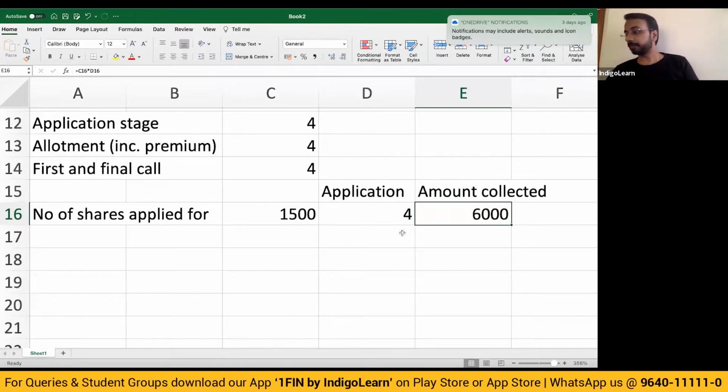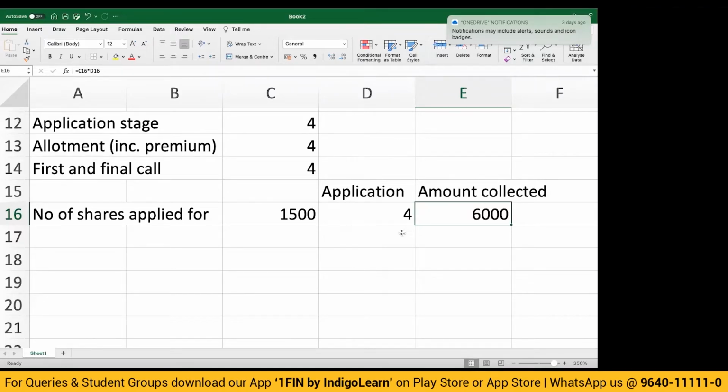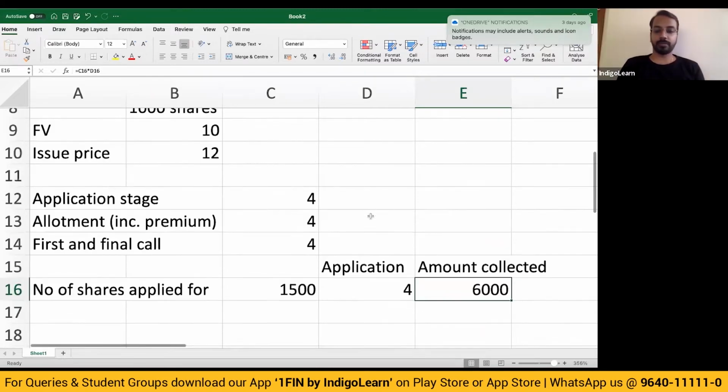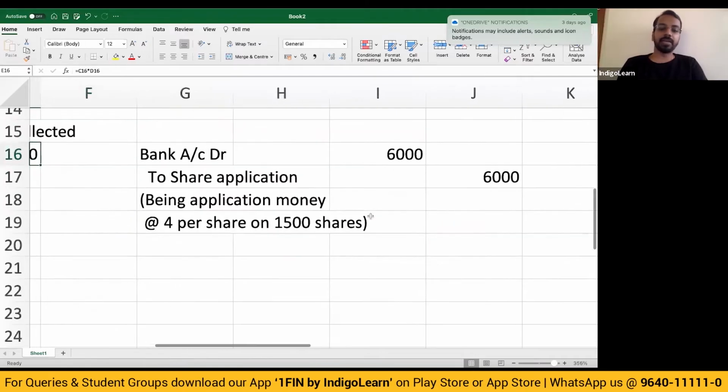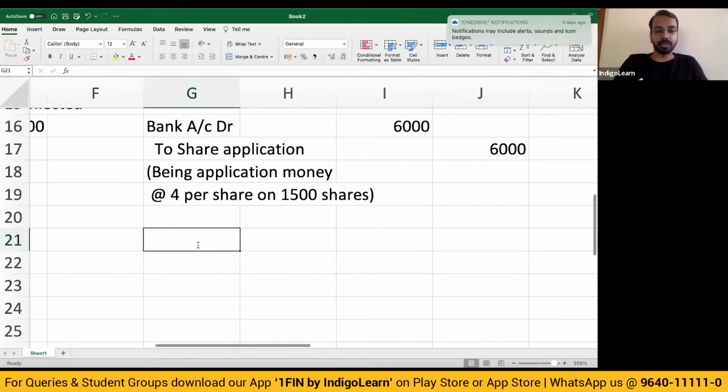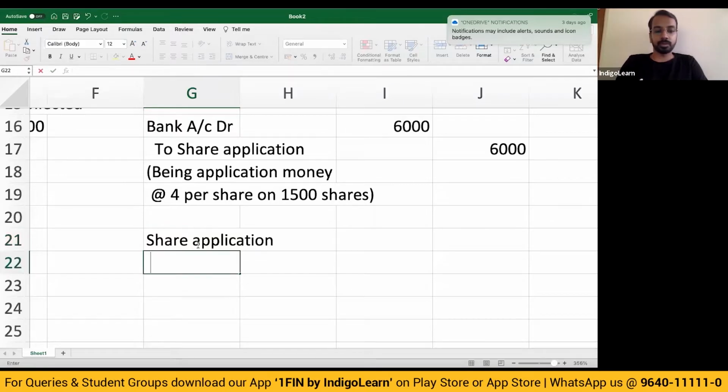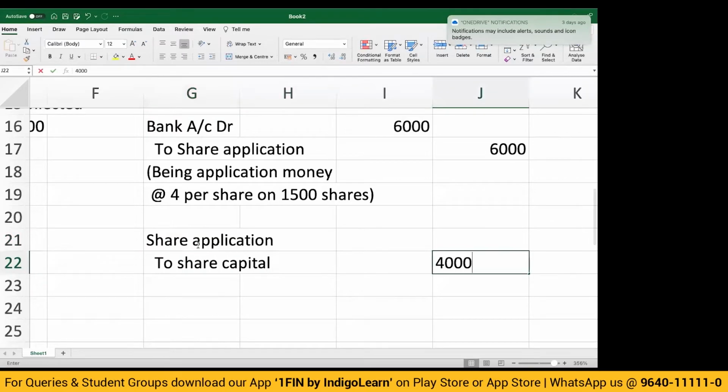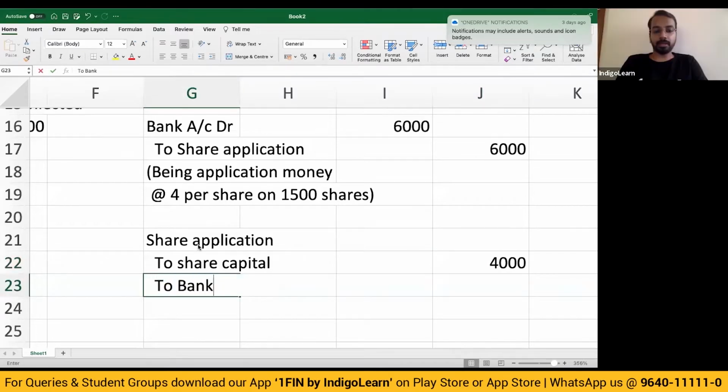Are we clear? Yes, sir. Okay, so at the time of allotment, what will we do? See, the first option is we refund. If we refund, then it is very simple. Share application to share capital 4,000, to bank 2,000, and share application debit 6,000.